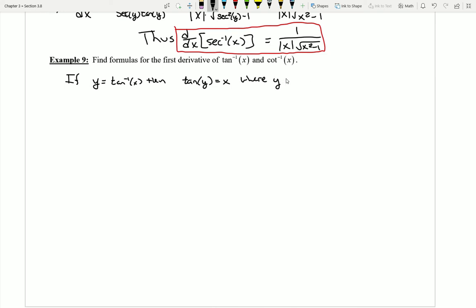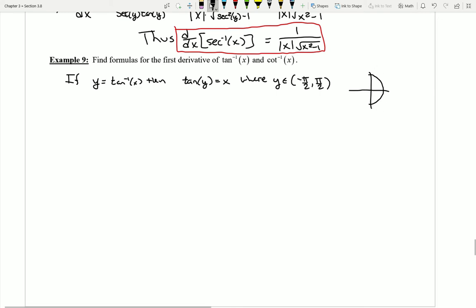So where y is going to exist in the interval from negative pi over 2 to positive pi over 2, and this will be excluding the endpoints. So again, on my unit circle, I'm dealing with kind of this right half of the unit circle.